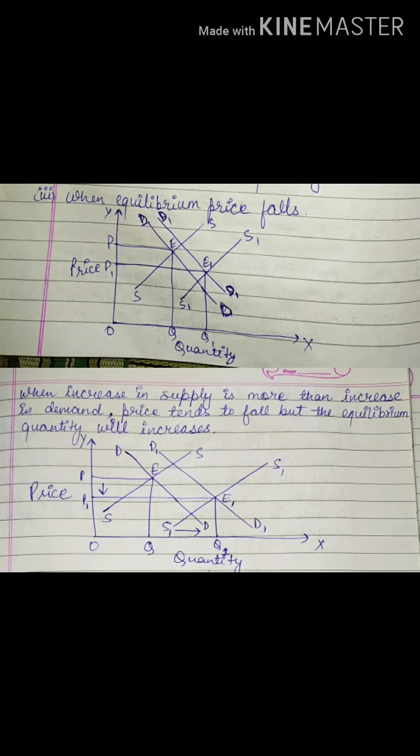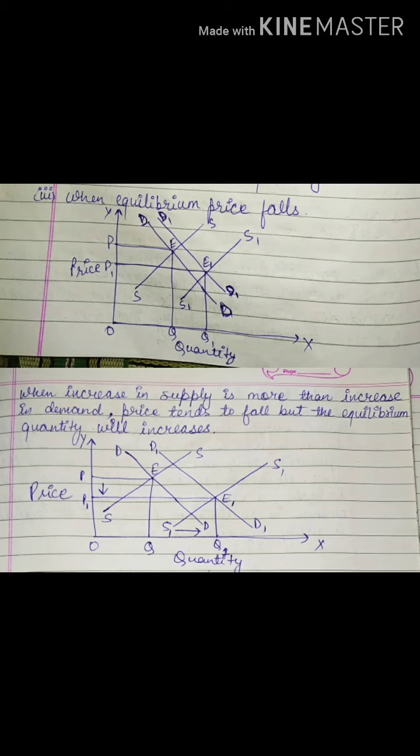But the equilibrium quantity will increase. That means my supply is increased. Fine. Quantity is increased, but my equilibrium price will fall. Why? Because there is excess supply in the market. When there is excess supply and no demand, the price will come down so that I come to the equilibrium level.